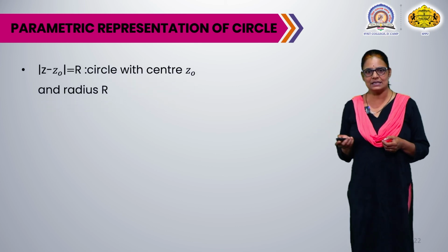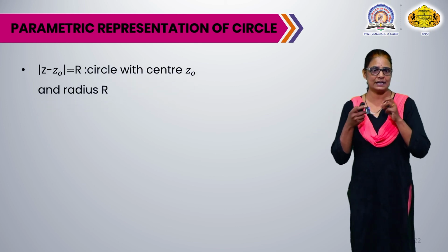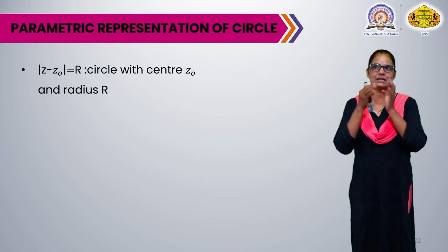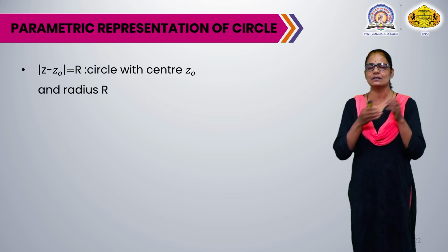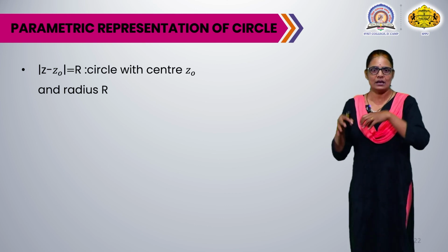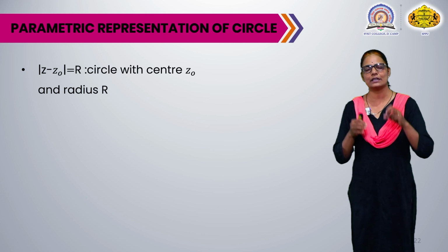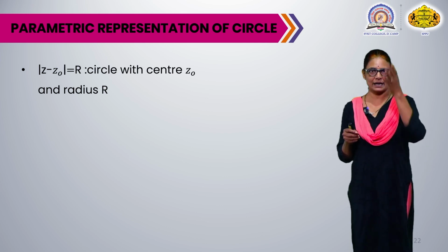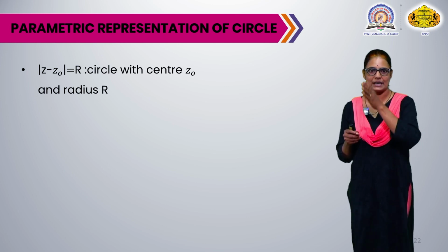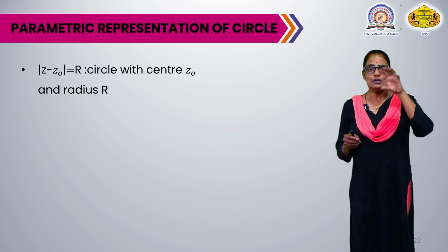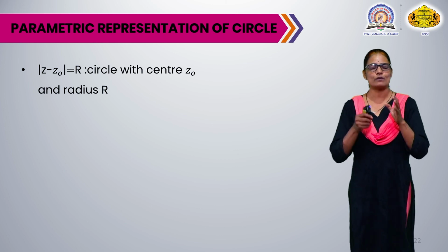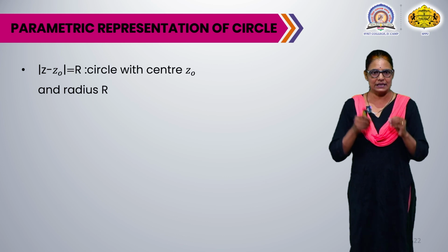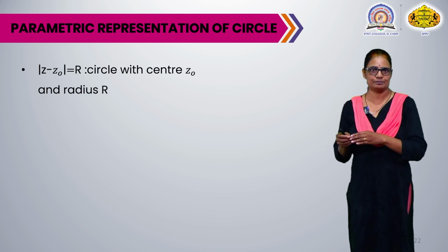For that we consider a circle with center z0 and radius R. Even if you put z as x plus iy and z0 as x0 plus iy0, you will get a circle with equation (x minus x0) squared plus (y minus y0) squared equals R squared. So the equation mod of z minus z0 equals R represents a circle with center z0 and radius R.